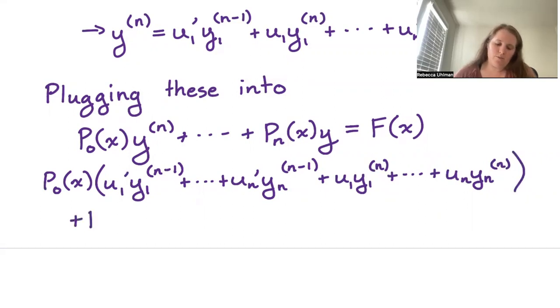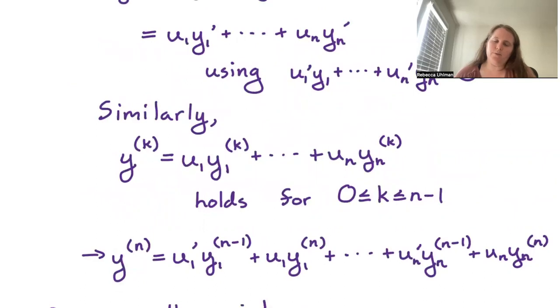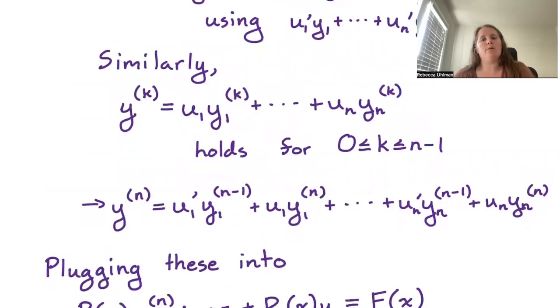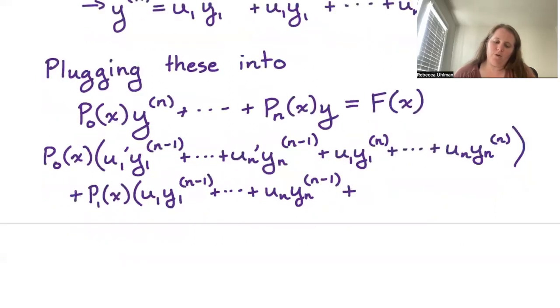Then we'll add plus p1 of x times, again, all of our other derivatives. We are looking at just u1 times that derivative of y1 all the way up through un. So we'll have u1 times the n minus first derivative of y1 plus all the way down to un times the n minus first derivative of yn. Then we'll keep going.